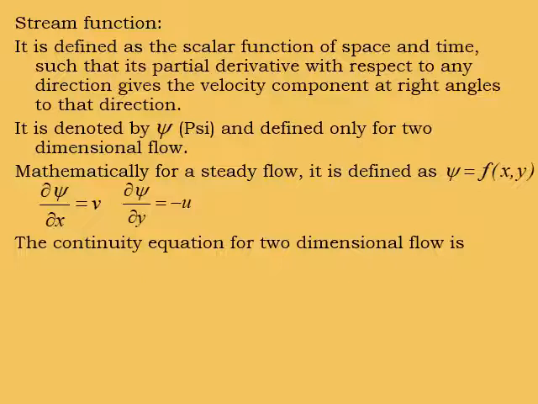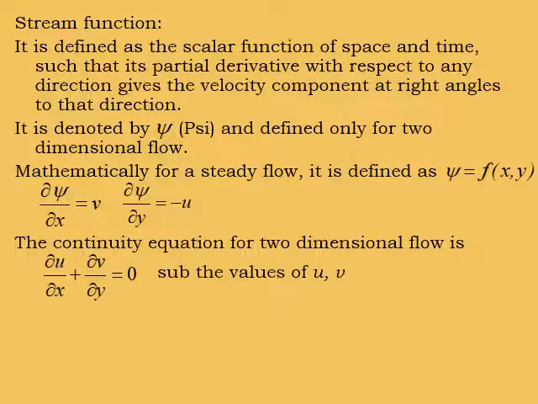The continuity equation for two-dimensional flow is ∂u/∂x plus ∂v/∂y is equal to 0. So substitute the values of u and v in this continuity equation.